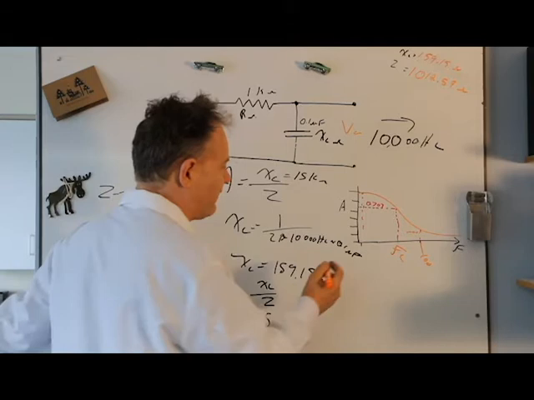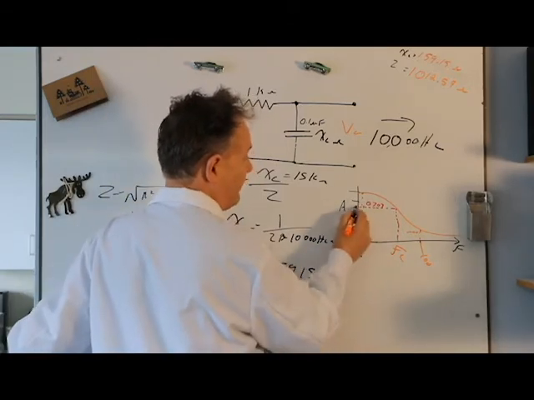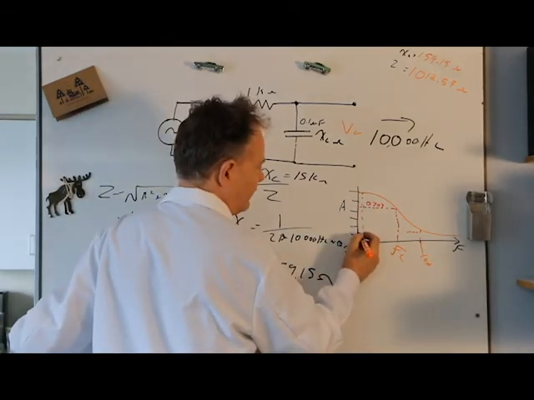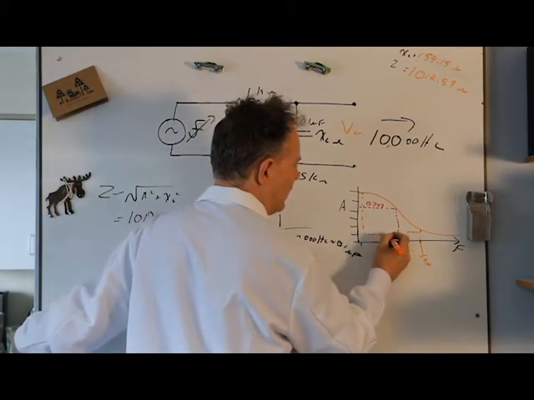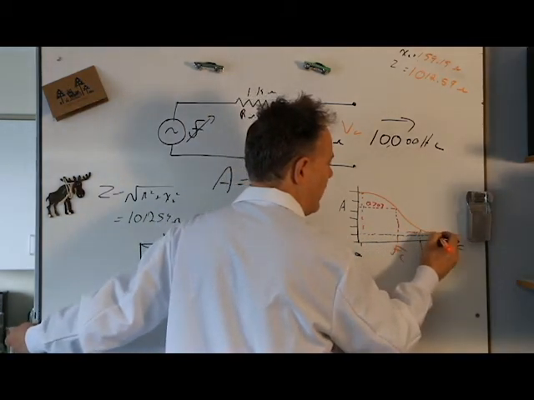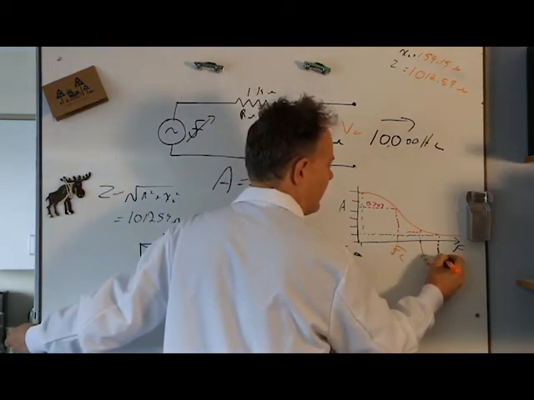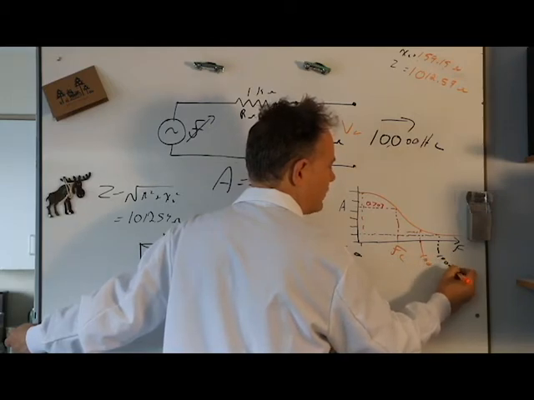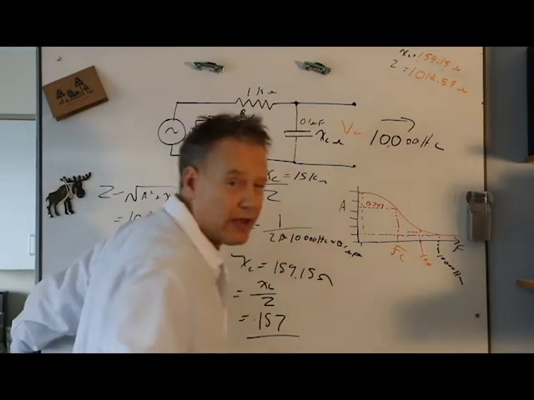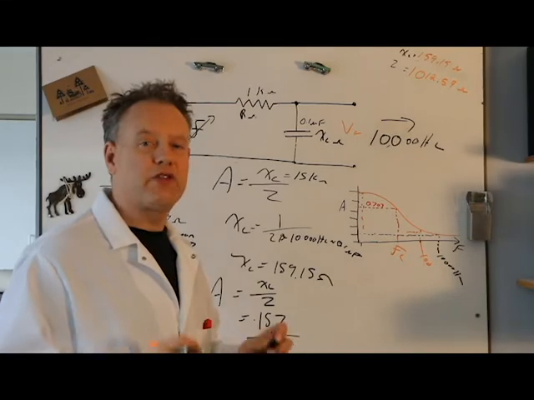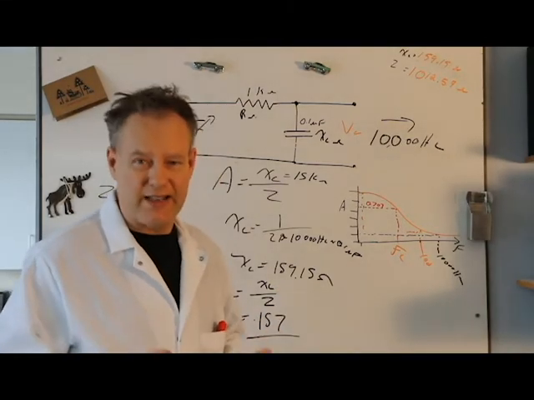So if we look at 15.7%, that's over here. We're talking way, way past. This is 10,000 hertz. That's way past our corner frequency. That's way up. This will be extraordinarily attenuated.